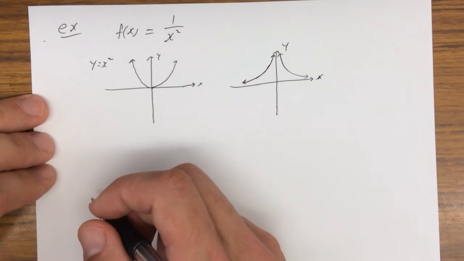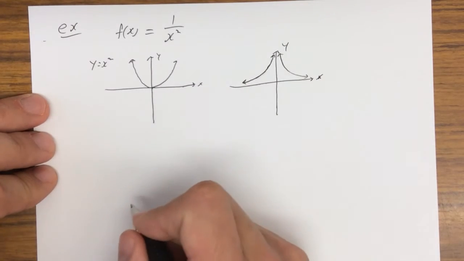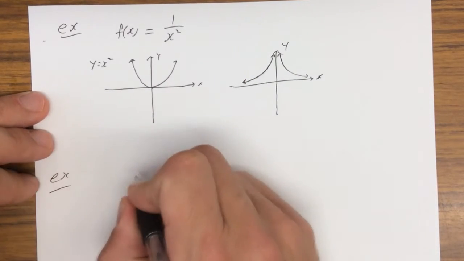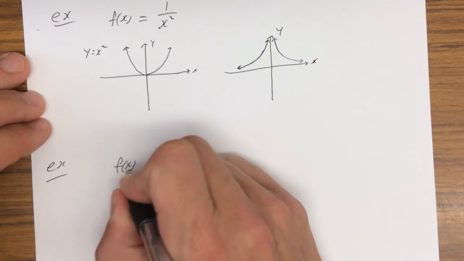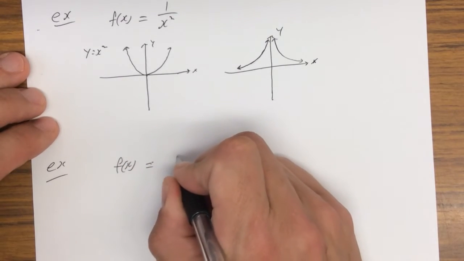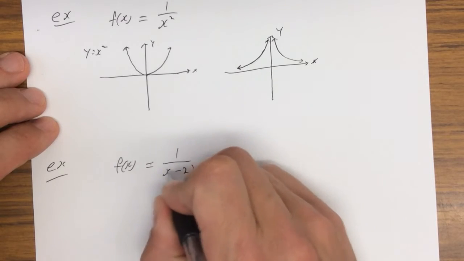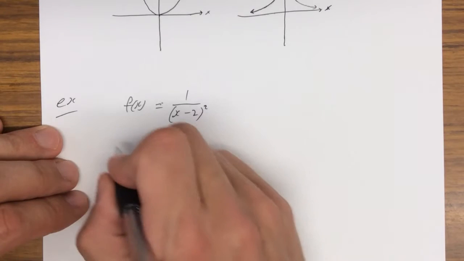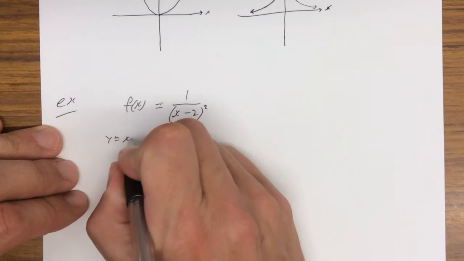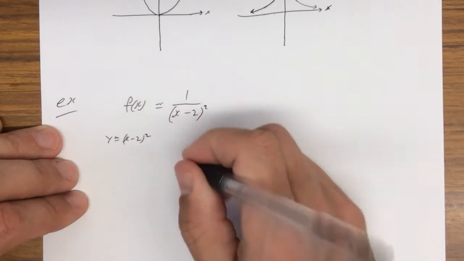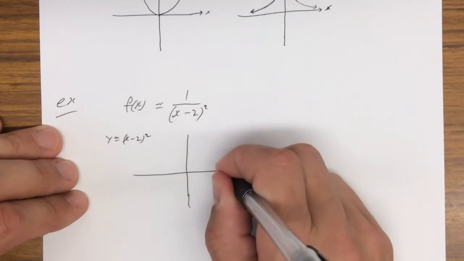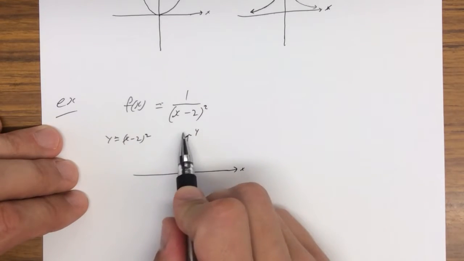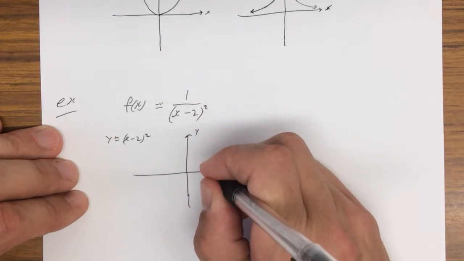Now, if you had the same sort of idea, another example here where f of x equals, say, 1 over x minus 2 squared. Well, when you graph the denominator, y equals x minus 2 squared, it would be just shifted over to the right 2 units.